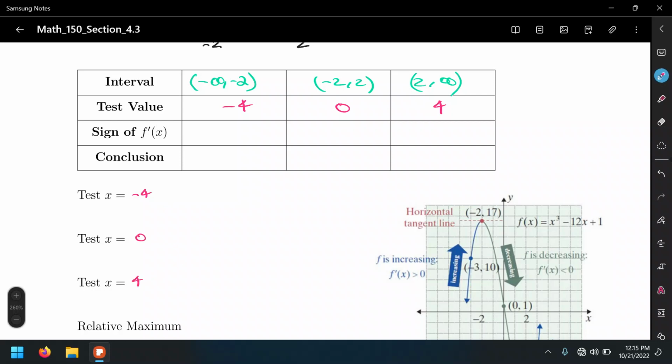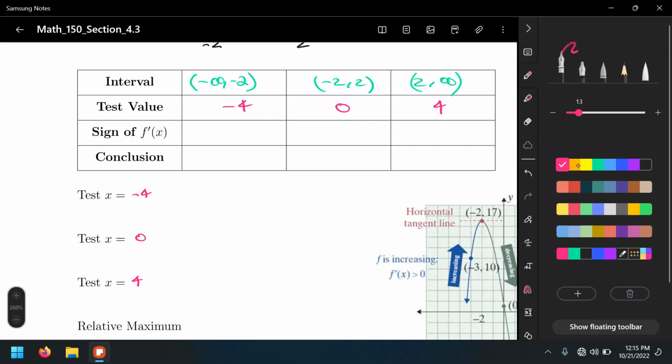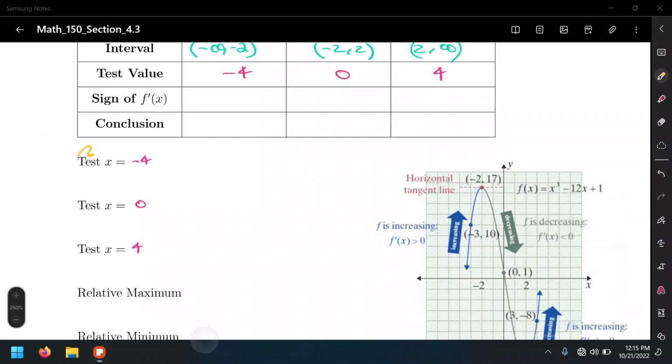Where do we test them? Very important: in f prime, in the derivative, because we want to know the behavior of the derivative. We want to know, based on the sign of the evaluation of these values of x, these test values rather, these are not the critical values, this is just the test values.